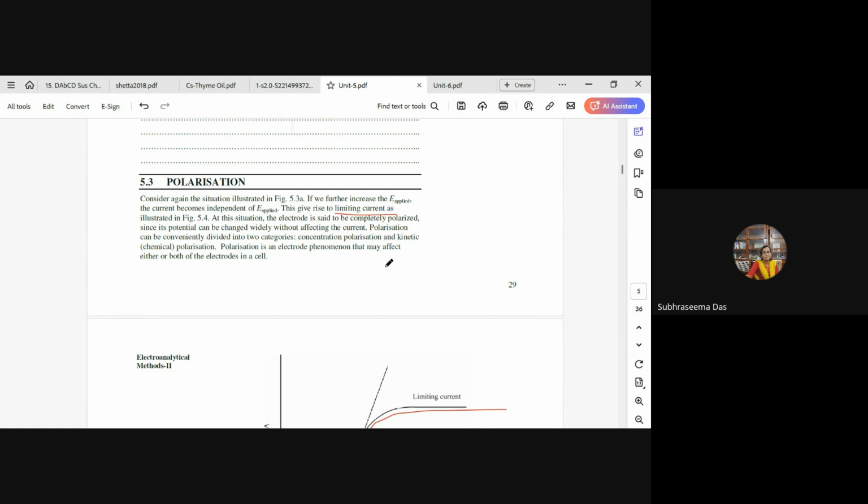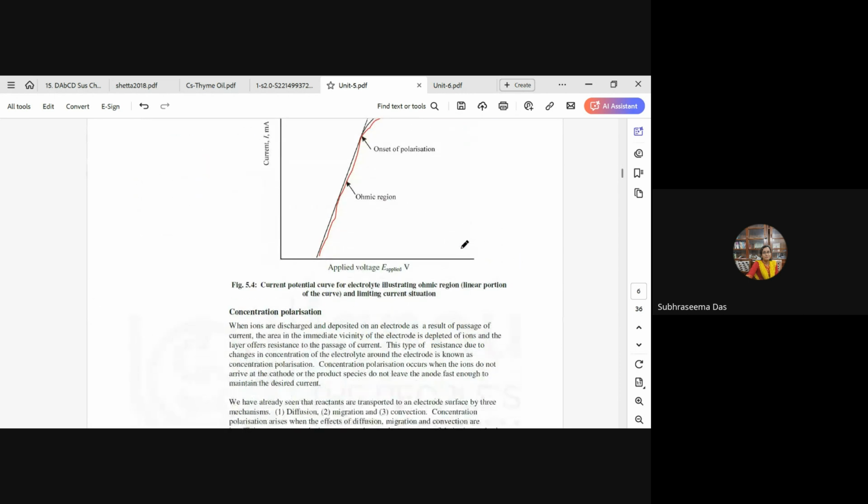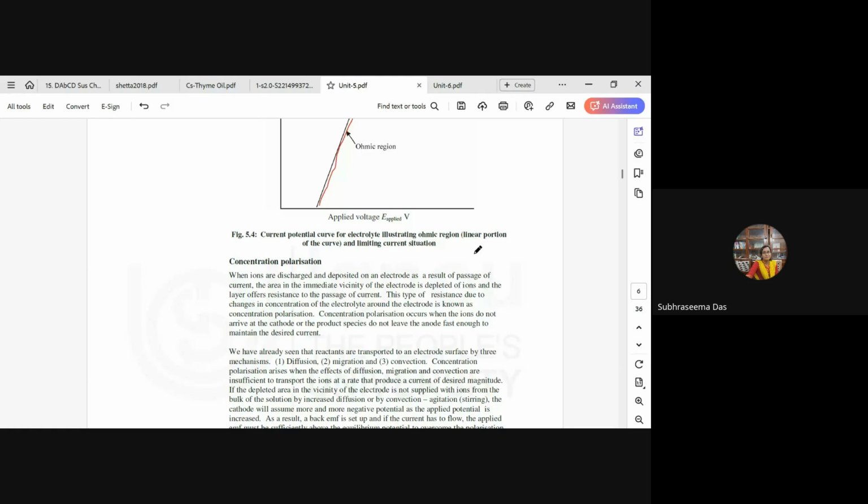Polarization has been divided into two categories: concentration polarization and kinetic polarization. Kinetic polarization is also called chemical polarization. Polarization is an electrode phenomenon which affects either or both of the electrodes. First, we will talk about concentration polarization.